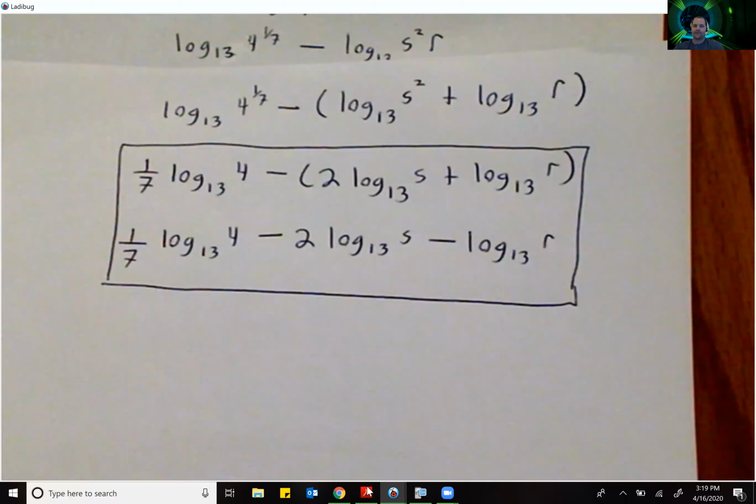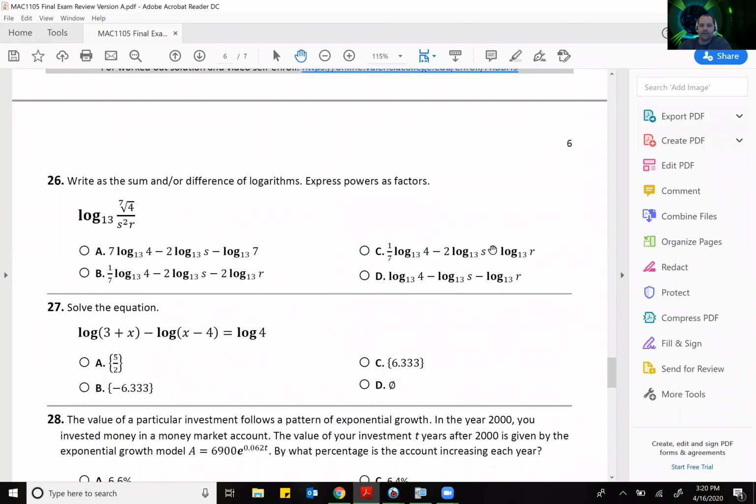So when we come back and we look, which one is the one that we're looking at? And there it is. It is C. Because there's the 1/7 log base 13 of 4 minus 2 log base 13 of s minus log base 13 of r.